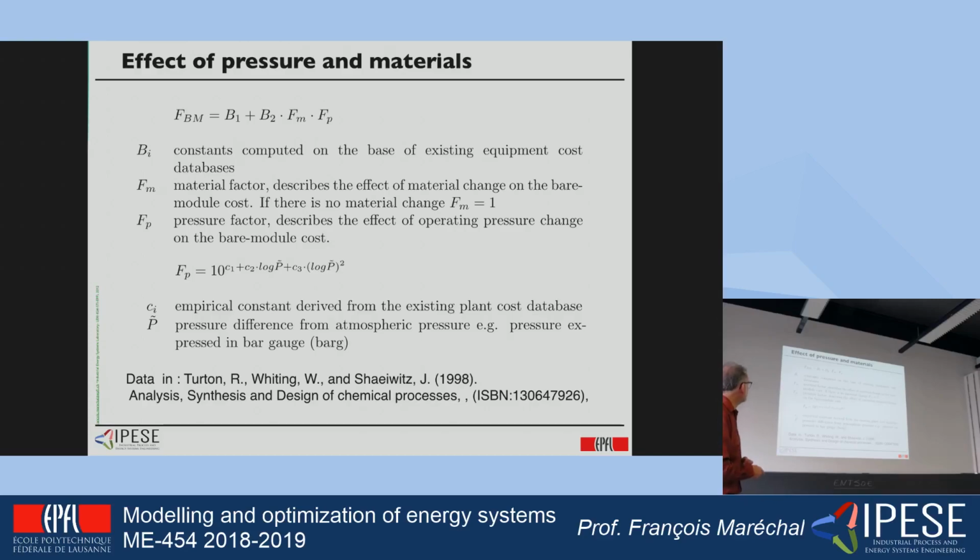This is what is named the bare module factor, which includes all that is needed in addition to the estimated cost that you have in the formula, and which allows you to estimate how much the equipment will cost when assembled.